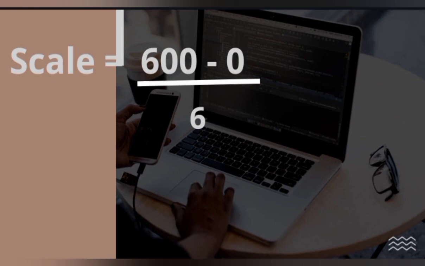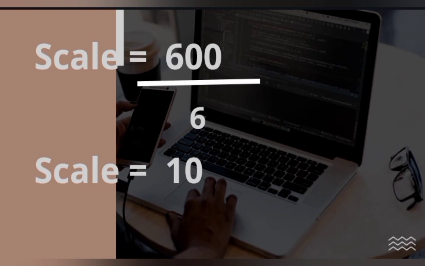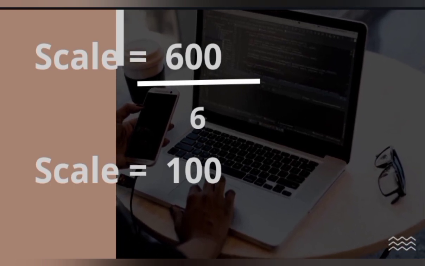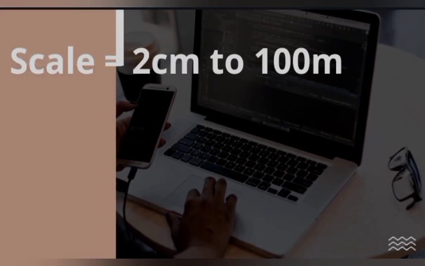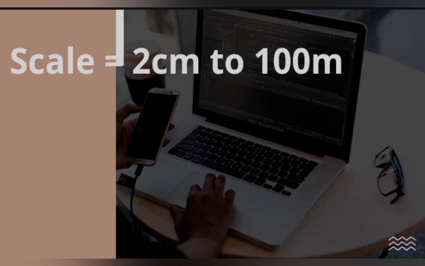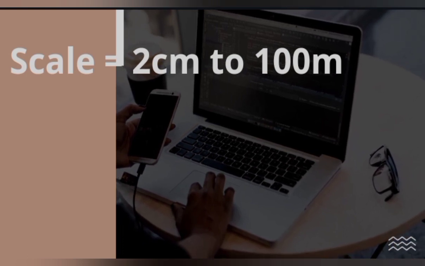Instead of counting horizontally like we did to the right, from the origin you count upwards and see how many large boxes you can get. And if you do that correctly, you would have 6 large boxes. So for our scale, we have 600 minus 0, which is 600, divided by 6, that gives us 100. What does this imply? It means that one large box on the y-axis would represent 100 meters.